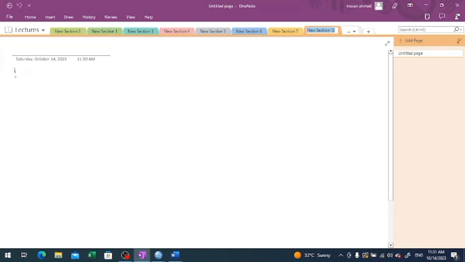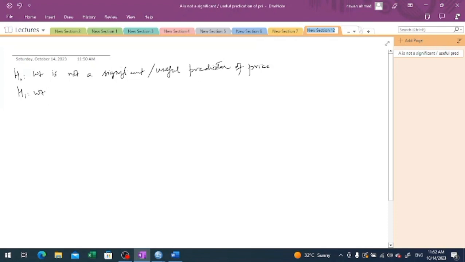So H naught we state in H1 we state as weight is not a significant or useful predictor of price. And here again I missed out weight of diamonds we are talking about.